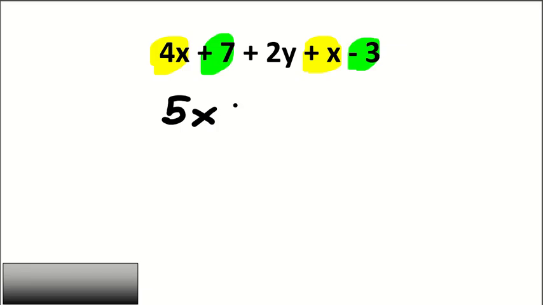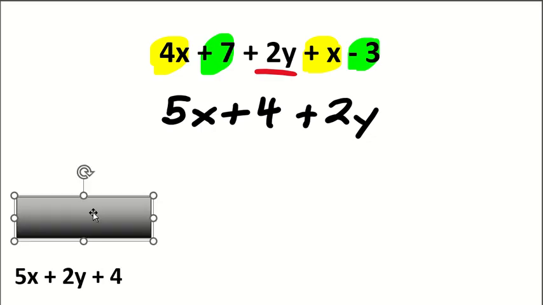Well, that means that I now have 4 of whatever that thing is. And then there's nothing to combine with the 2y, so I can simply add 2y. Now, I'm sure you've noticed that the commutative property does apply here because we're adding things, so order doesn't really matter as far as how we add these things. So 5x plus 4 plus 2y is going to be the same as 5x plus 2y plus 4. Thank you, the commutative property.